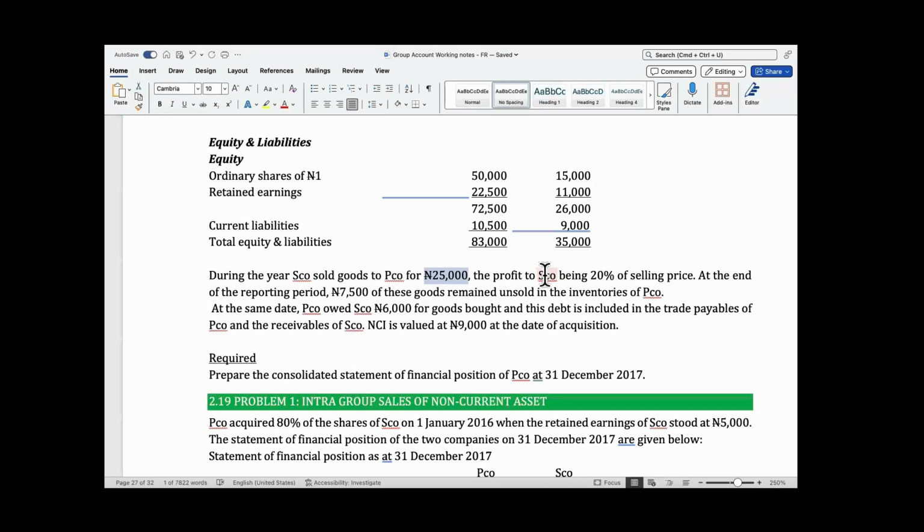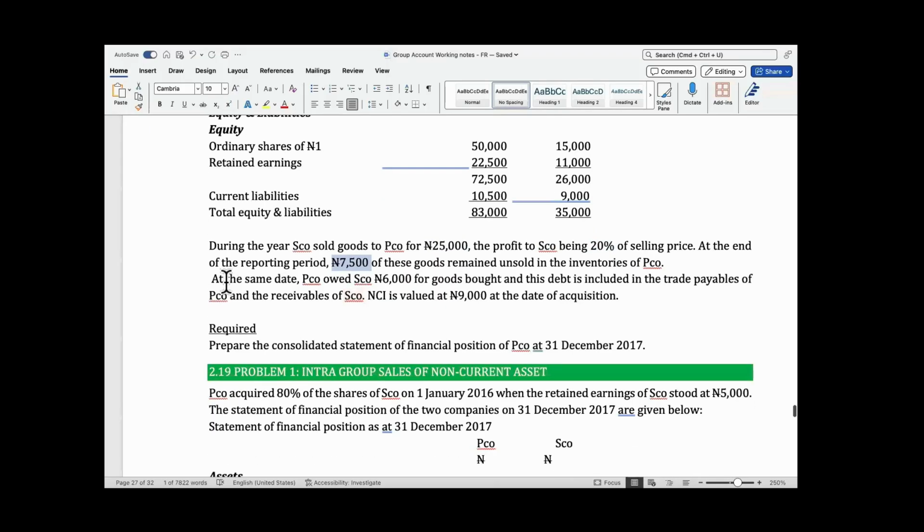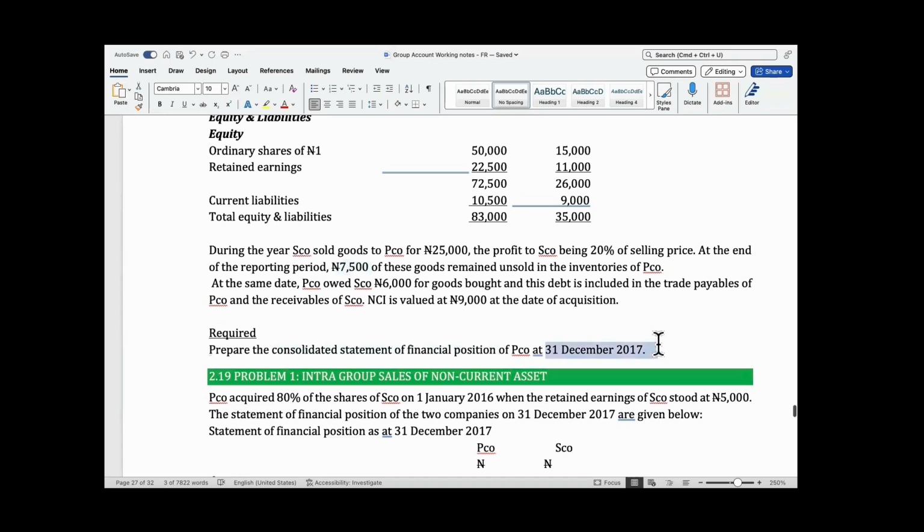The profit to ESCO being 20% of selling price. At the end of the reporting period, 7,500 of these goods remain unsold. At the same date, Pico owed 6,000 for goods bought, and this debt is included in the trade payables of Pico and receivables of ESCO. NCI is valued at 9,000 at the date of acquisition. Prepare consolidated statement of financial position as at 31st December 2017.